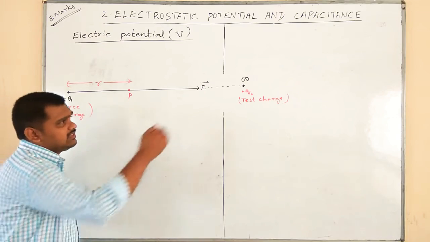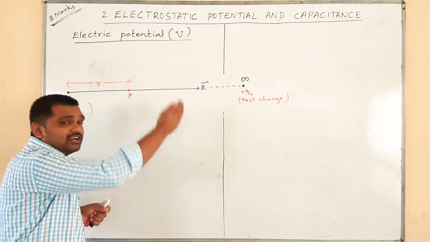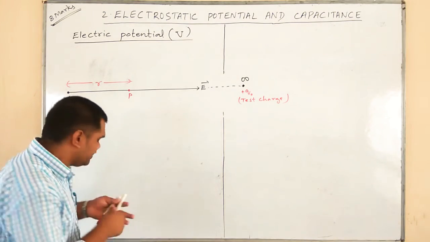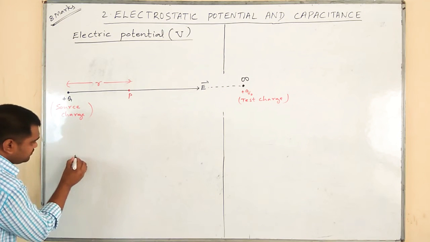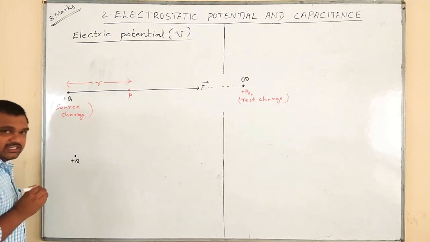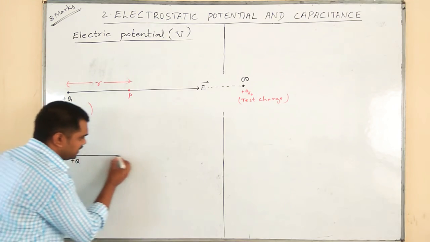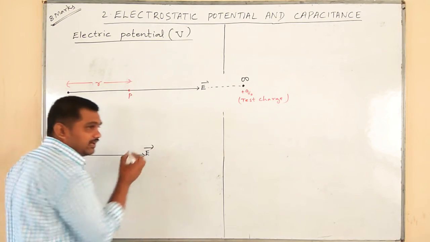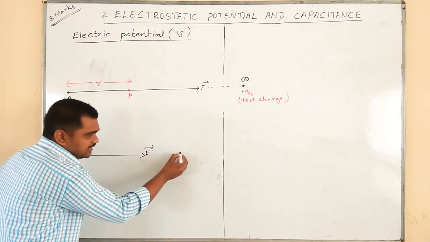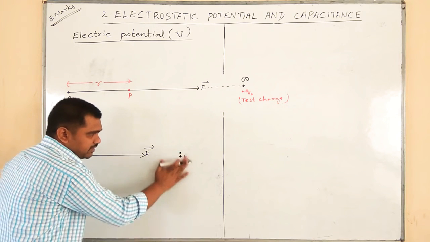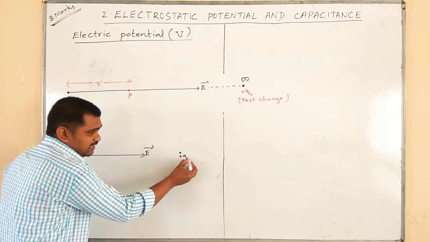What makes the difference if we move that charge along the direction of electric field? Actually, this is the source charge I have considered. This is the direction of electric field. Here is the positive test charge, plus Q naught.